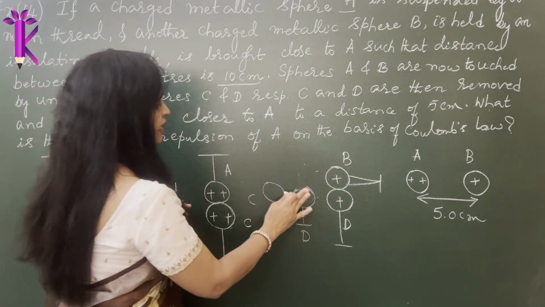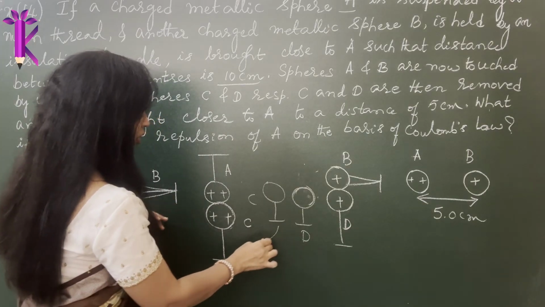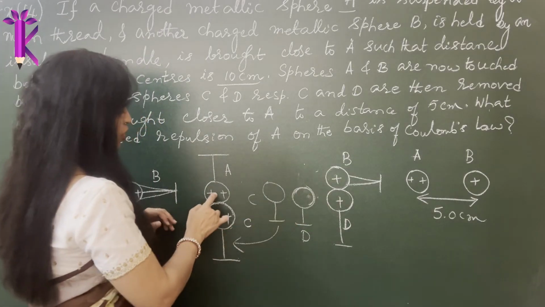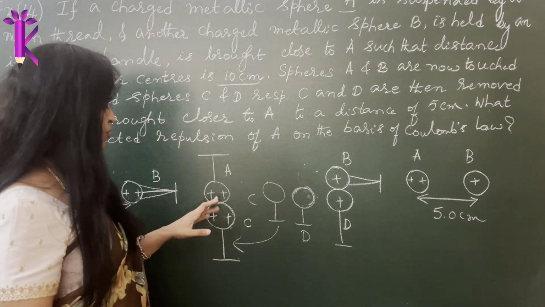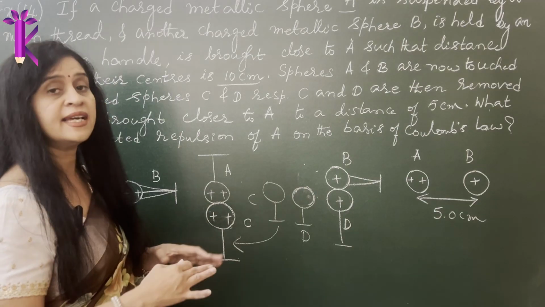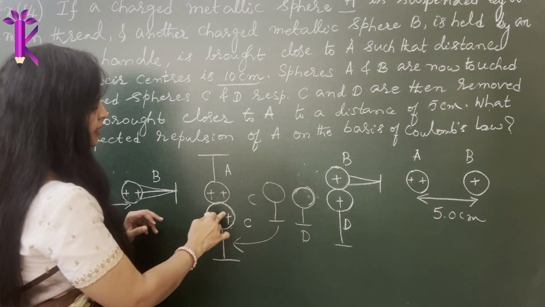So initially there were uncharged spheres C and D. These were brought closer. Now you bring A closer to C and B closer to D. You touch them together. What happens? Obviously, there will be charge redistribution. These electrons or excess protons or whatever it is, they realign, they jump from one to another, so they get equally distributed.